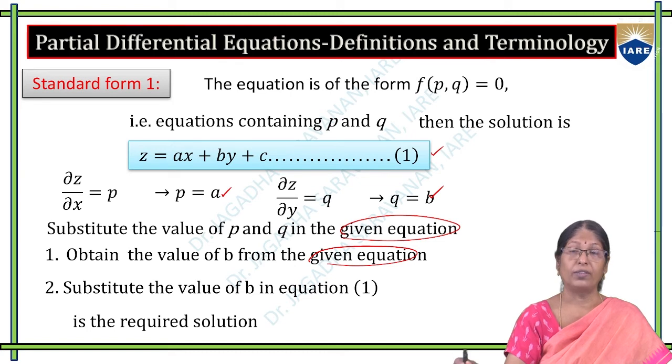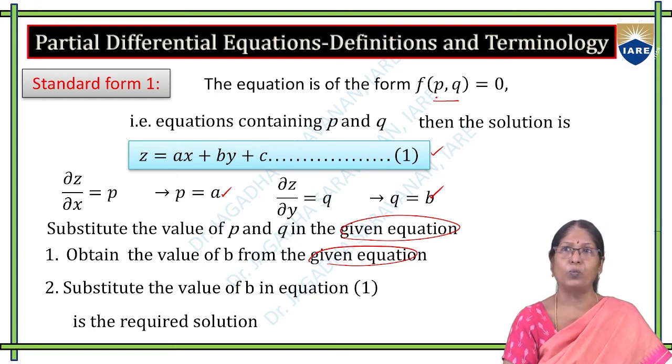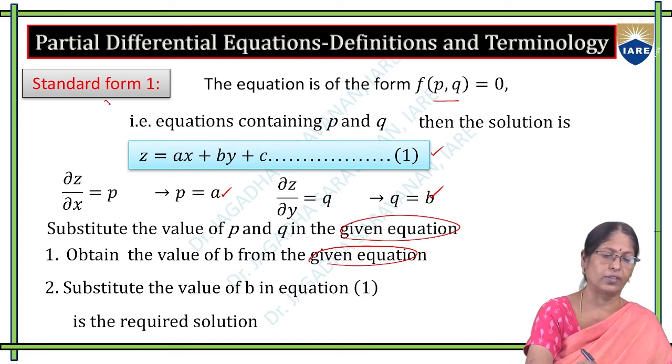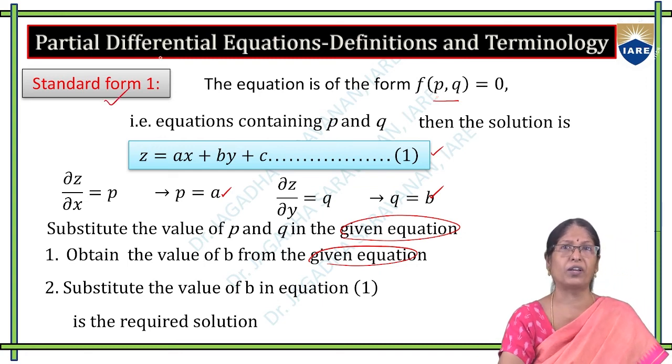If they have the variables p and q, the remaining everything, the general terminology, is to be substituted and applied if the given equation is in the format which has p and q. This is the terminology connected to our standard form 1.